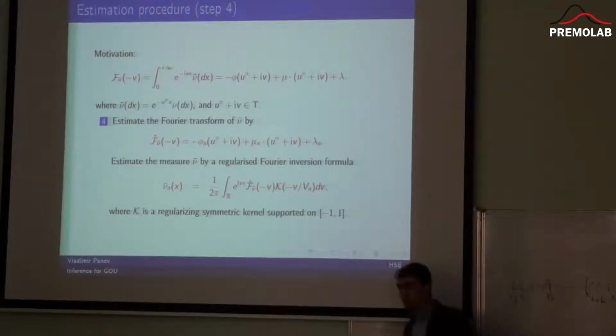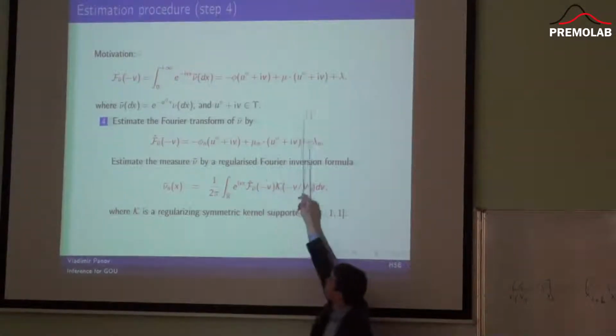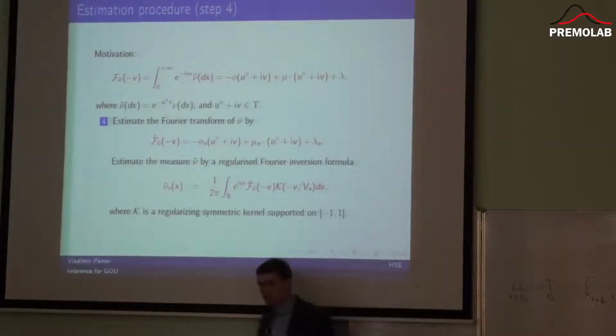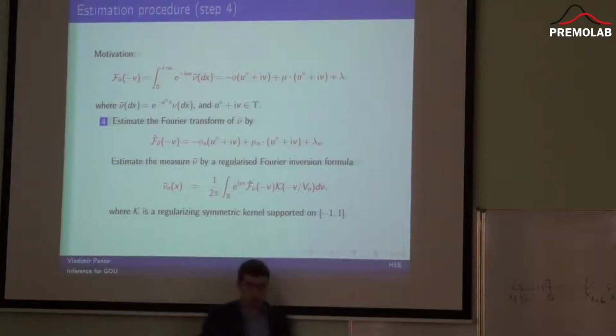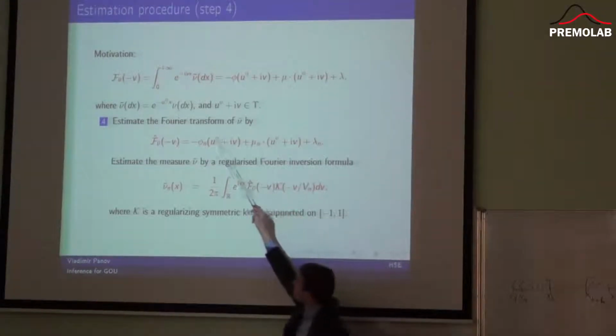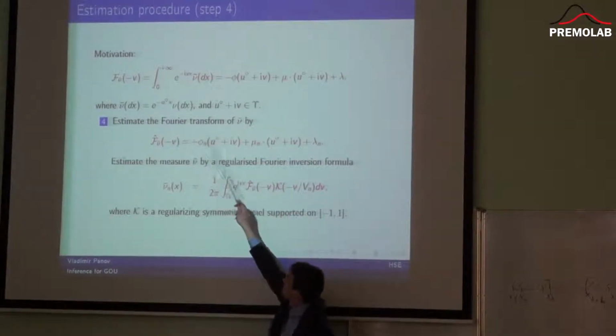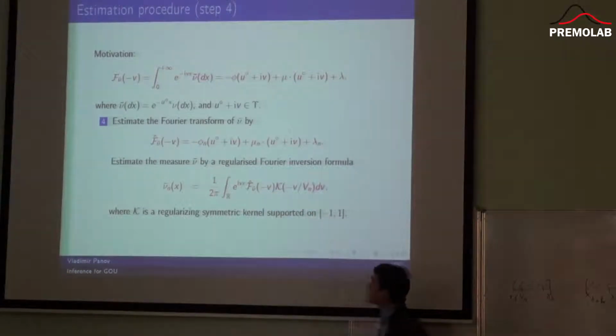The main motivation for this estimating procedure is exactly the same. We once more use this representation for the Laplace exponent and read this formula in another manner. We put the Fourier transform on the left-hand side and everything else on the right-hand side.